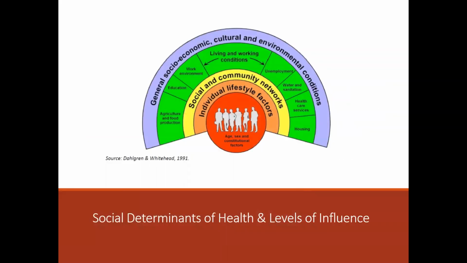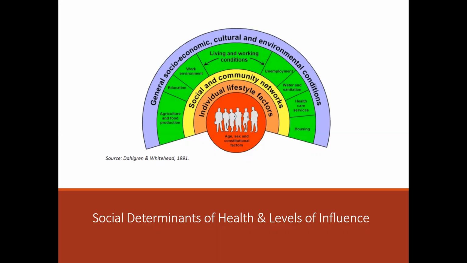On your screen is a social determinants of health model and how it influences levels of influence on health outcomes in society and population health. We're really looking at individual lifestyle factors. Then we take into play those social and community networks. Then we look at where people live, work, learn, and play. So what are those conditions?